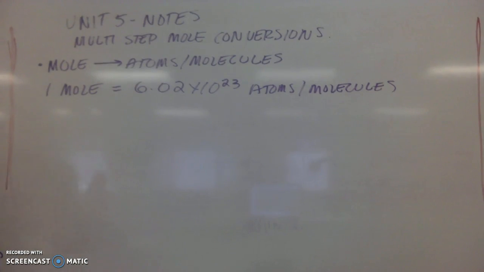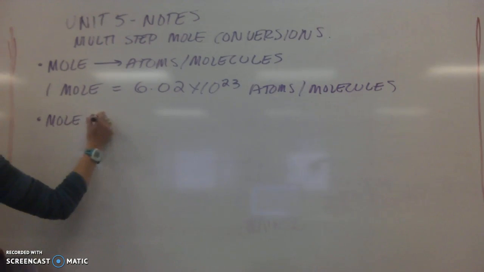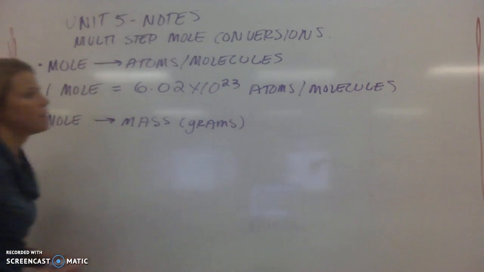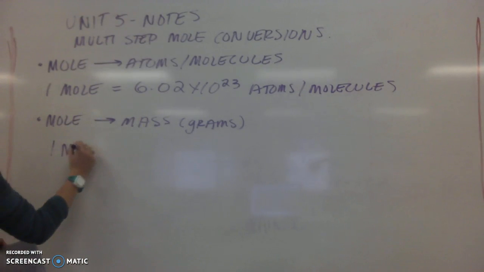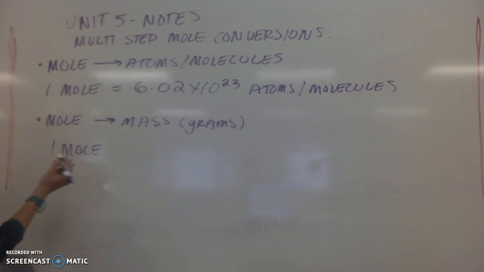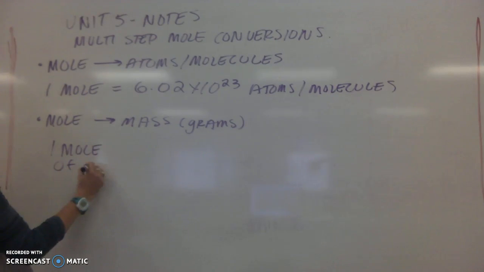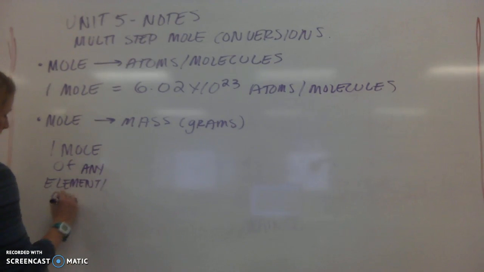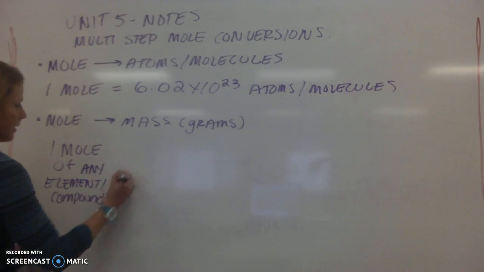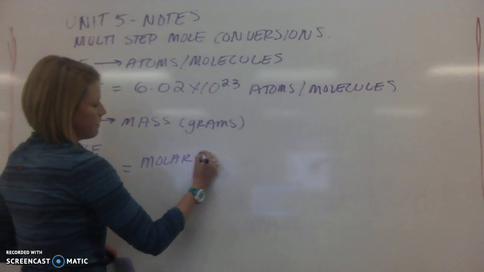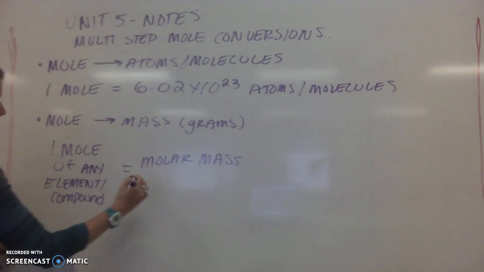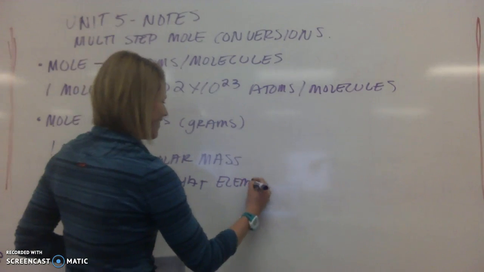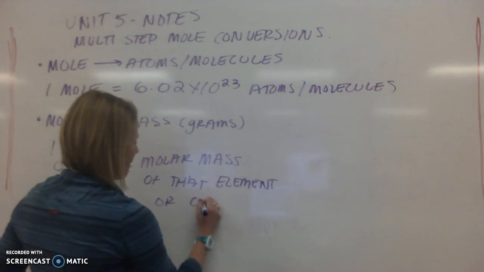We also had some problems where we would go from a mole of something to the mass in grams. To do that, we knew that 1 mole of anything, or of any element or compound, is equal to the molar mass of that element or compound.